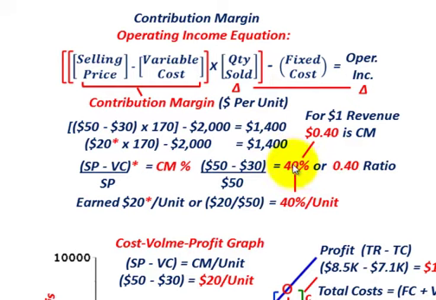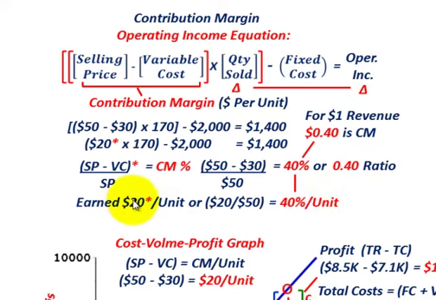What that's really telling us is that for every dollar of revenue we take in, 40 cents of that dollar goes to the contribution margin. So that's the 40%. In this case, we would have earned $20 per unit based on the contribution margin, or $20 divided by the selling price of $50, which again equals 40% per unit.